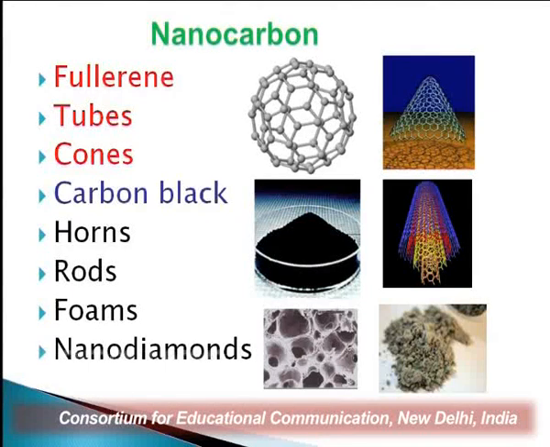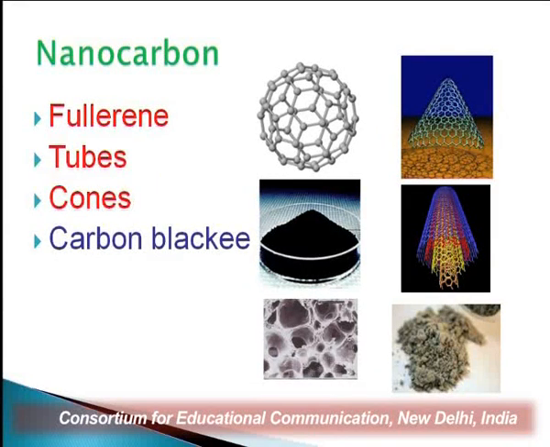Nanocarbons are found in many forms. It is found in the form of fullerene, like a ball, as you are seeing on the right hand side. It is found in the form of tubes, cones, carbon black, horns, rods, foams and nanodiamond. These all come under the family of nanocarbon.